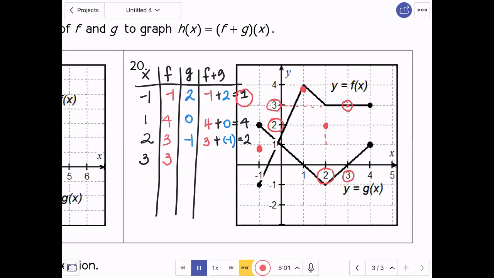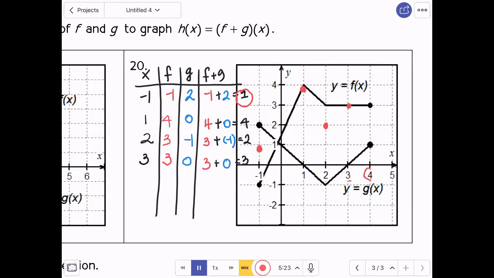Your g function is here, and at 3, your g function is 0. Then 3 plus 0 equals 3. So at 3, your y value is 3, and I'm going to put it here.